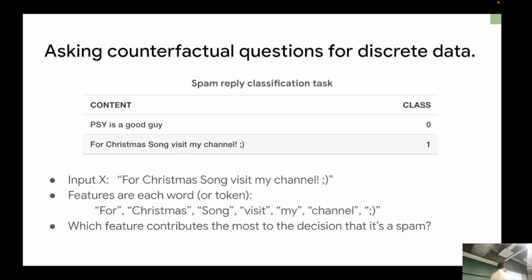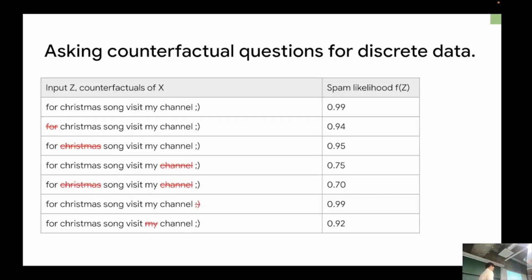So here the input of interest is "for Christmas song, visit my channel", and there are features like for, Christmas, song, visit, my, channel, and then a smiley face. Your question is which word is contributing the most? To find this out, what you can do is erase some subset of features at a time and then take a look at the response of the model.